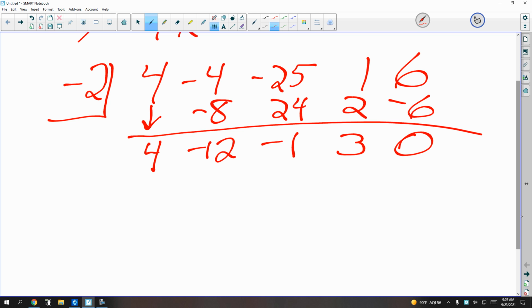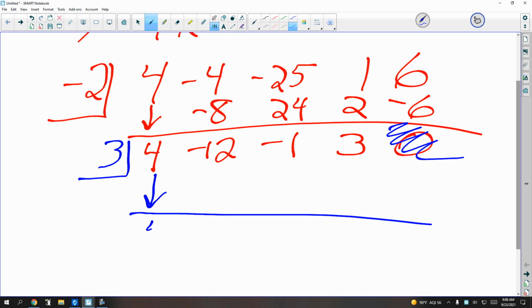So then what you're really supposed to do is take the other root, which is 3, and go into this answer without the 0. If it works, which it has to because it said it was an answer, my remainder here should be 0. Let's find out. 4, 12, 0, 0, -1, 0.